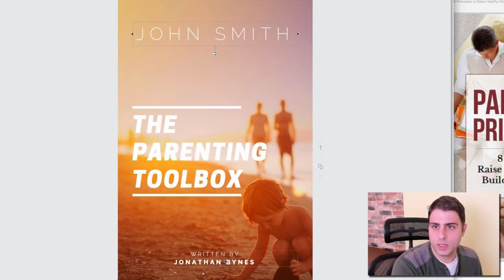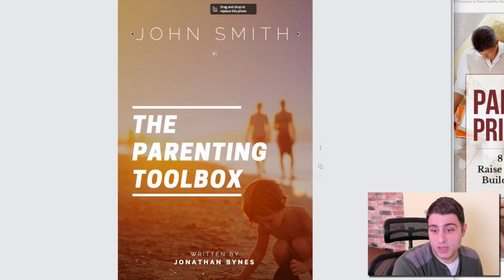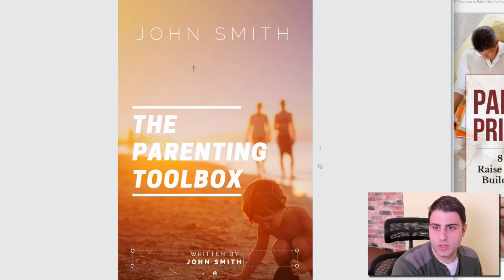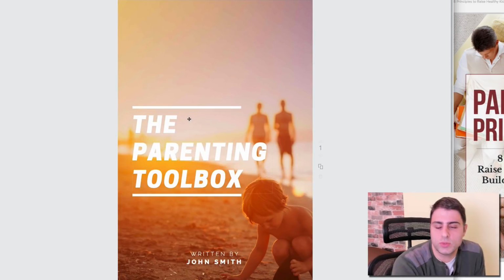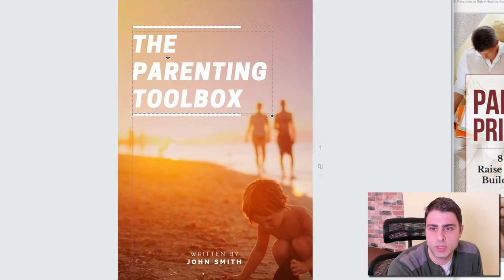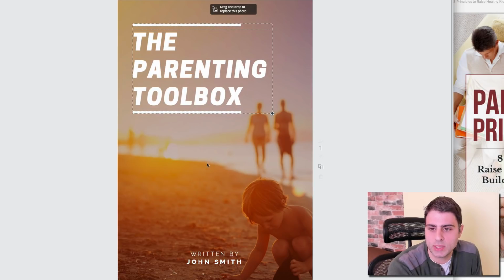And actually, I could also put written by John Smith down here. Yeah, you know what? Let's do that. John Smith. Okay, so up here, I'm actually going to just remove that. Okay, so we've got a lot of space here, and I could play with this a little bit. I can move this up now that we have extra white space.